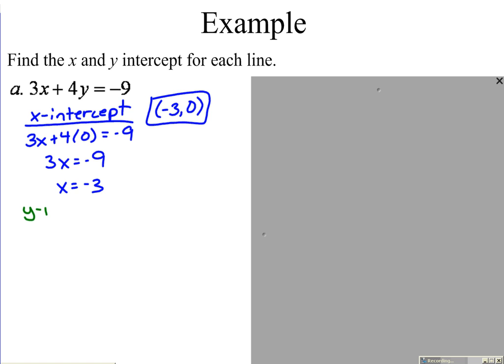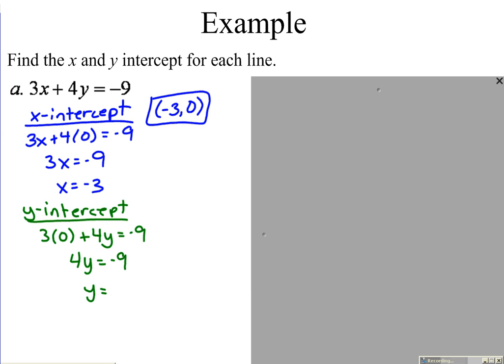Y-intercept. We find a y-intercept by plugging in 0 for x. Solve. Now for y, divide. Y is negative 9/4, so our y-intercept is 0, negative 9/4.